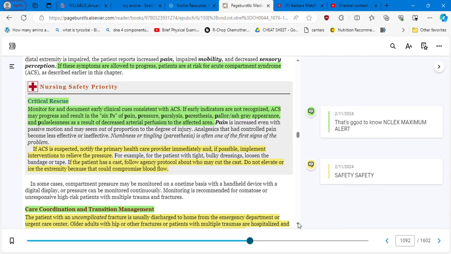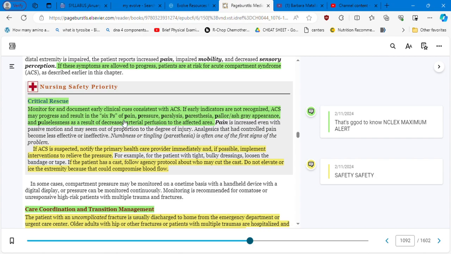NCLEX maximum alert, here, this box, critical rescue: monitor for and document early clinical cues consistent with acute compartment syndrome. If early indicators are not recognized, ACS may progress and result in the 6 P's: pain, pressure, paralysis, paresthesia, pallor, and pulselessness.